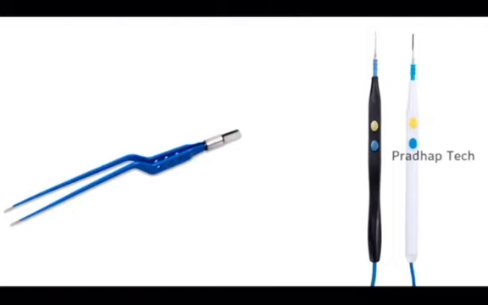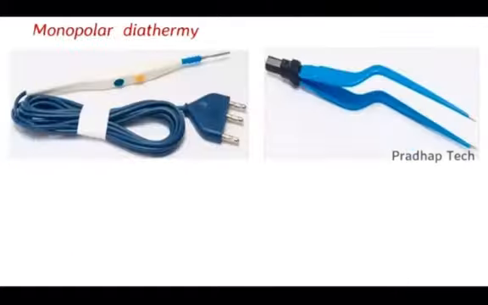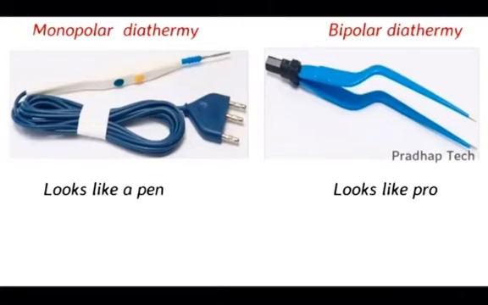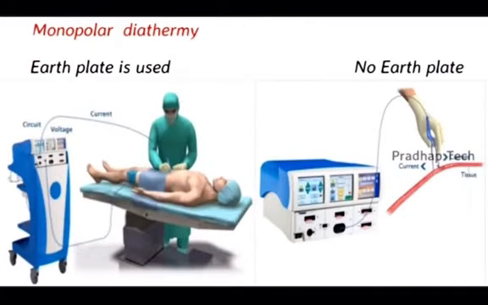The monopolar diathermy looks like a pen, whereas the bipolar diathermy looks like forceps, and in monopolar an earth plate is used to receive the current. For bipolar, there is no need to use the earth plate because it has a receiver. Also, monopolar diathermy performs both cutting and coagulation, but bipolar performs only coagulation.